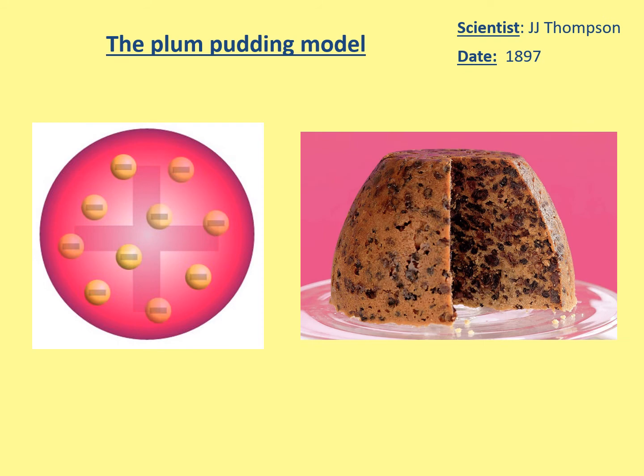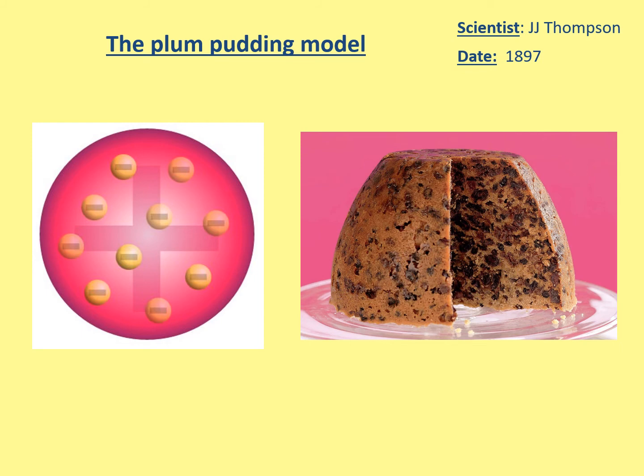Later on, a scientist called J.J. Thomson discovered the electron, and that changed the way they thought of this model. They didn't think tiny solid spheres anymore. They thought electrons must have been inside the atom, but they knew the atoms were overall neutral. So they had this model called the plum pudding, and they thought it looked like a plum pudding on the right.